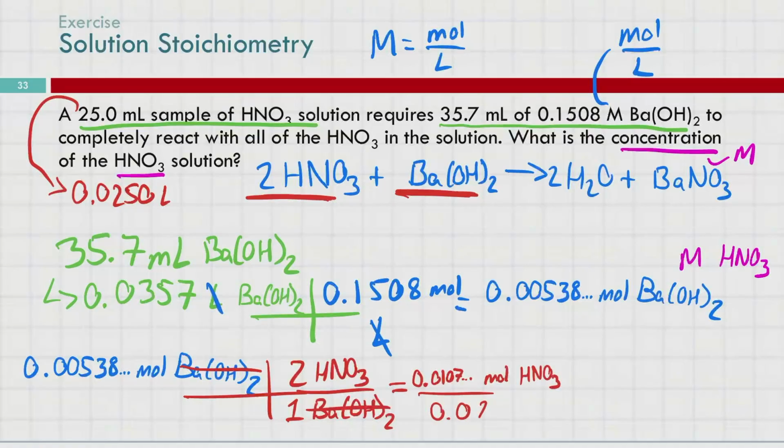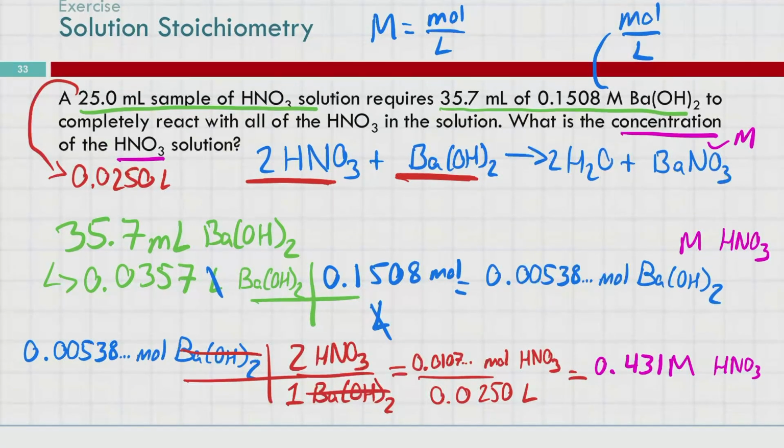So 0.0250 liters, this will transform into molarity, and that's 0.431 molar nitric acid, HNO3. Questions about that?